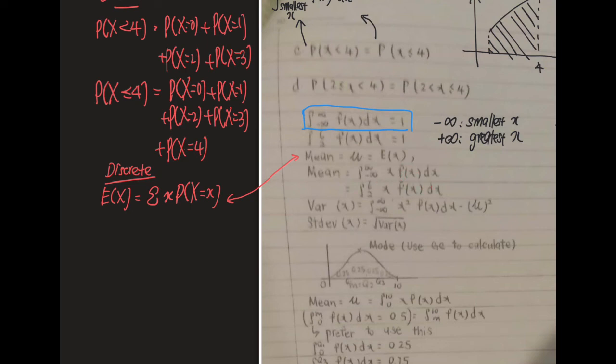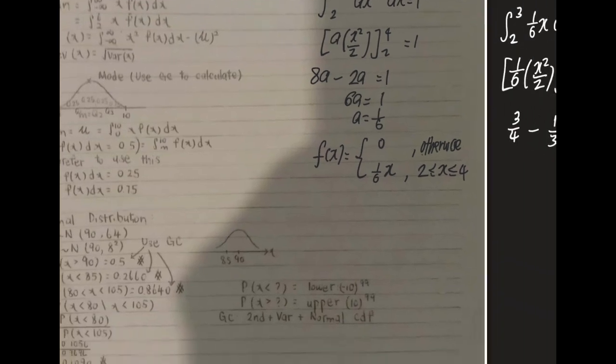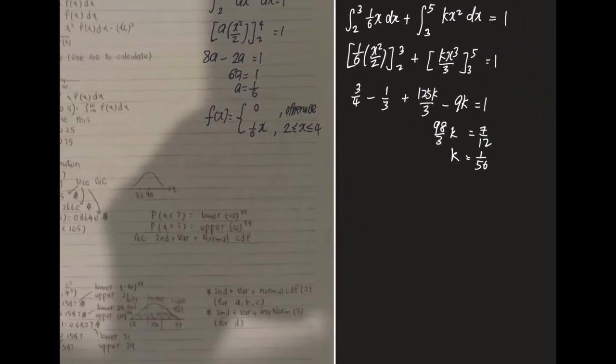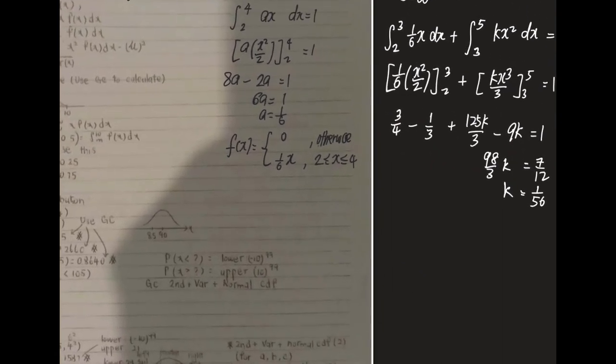So let's say, for example, if I have this f(x), I want to find the mean. Okay, let's take a look at how I find the mean. You want to find the mean, E(X), integrate from negative infinity to infinity x f(x) dx.